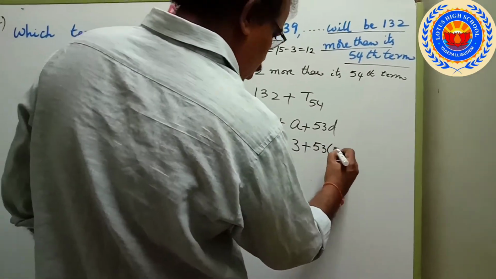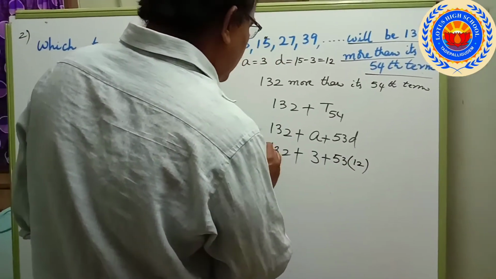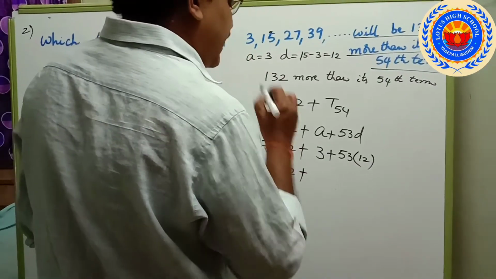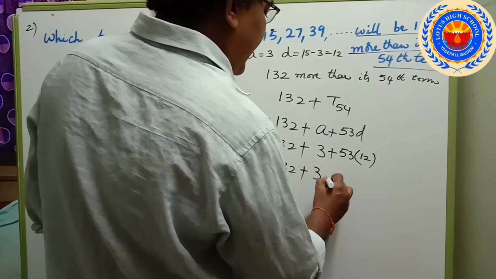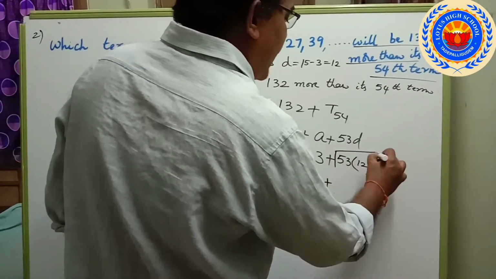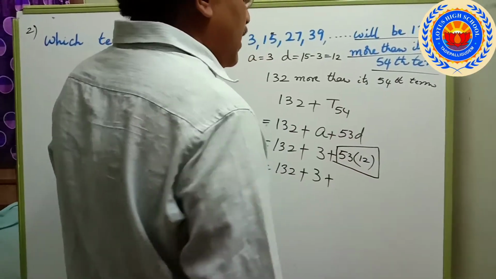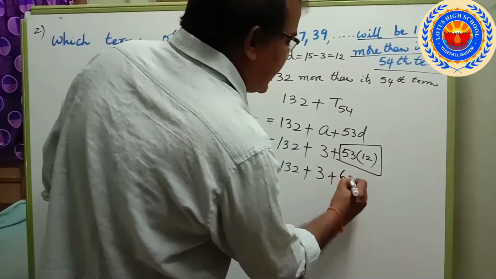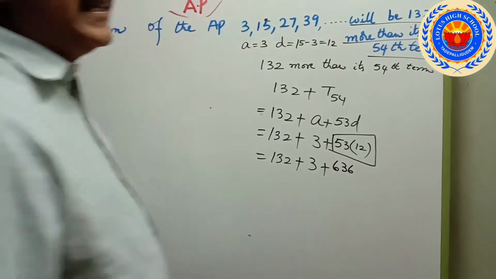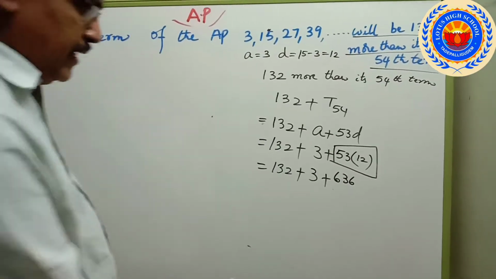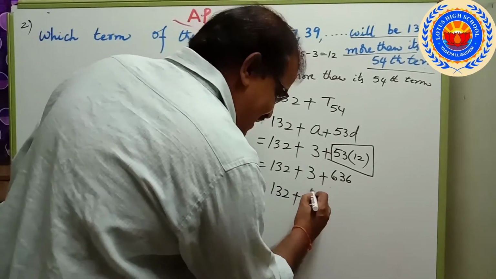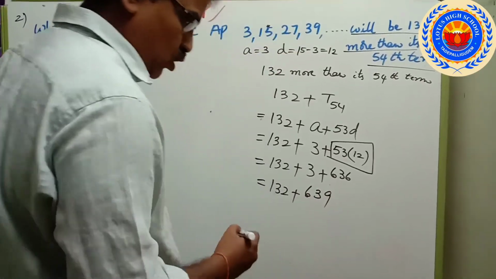So, 132 plus 3 plus, first of all, as per the BODMAS rule, we have to simplify this one: 53 into 12, 636. 636 is equal to 132 plus 639.